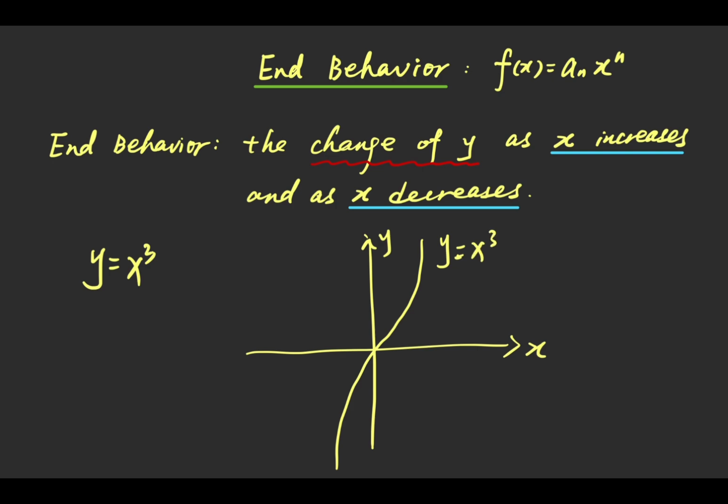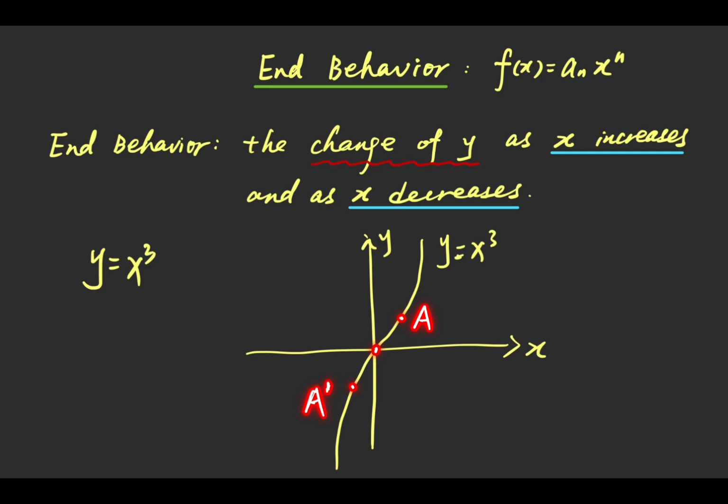That is to say, if this exponent, this n, is an odd number, this function, its graph itself, is symmetrical over or about the origin. That is to say, this point A, you can find out its symmetrical point about the origin. That is A prime.